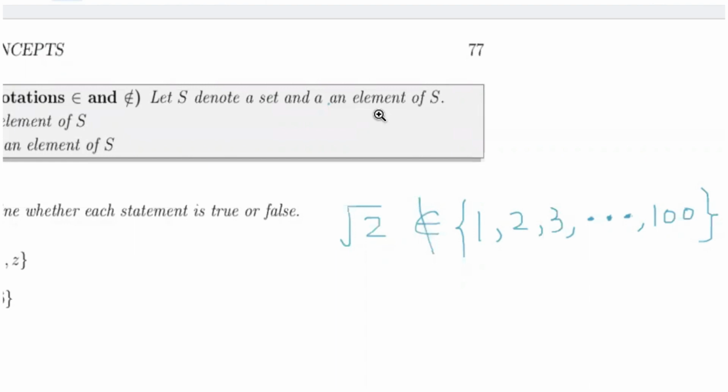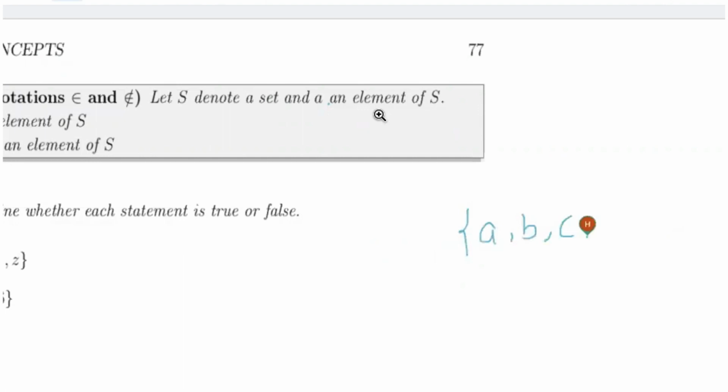Okay, let me give you one more and then I'll let you play. Here's one more. So I have set A, B, C, ... Z. Okay, A, B, C ... Z. Is W an element? Is W inside of the set?